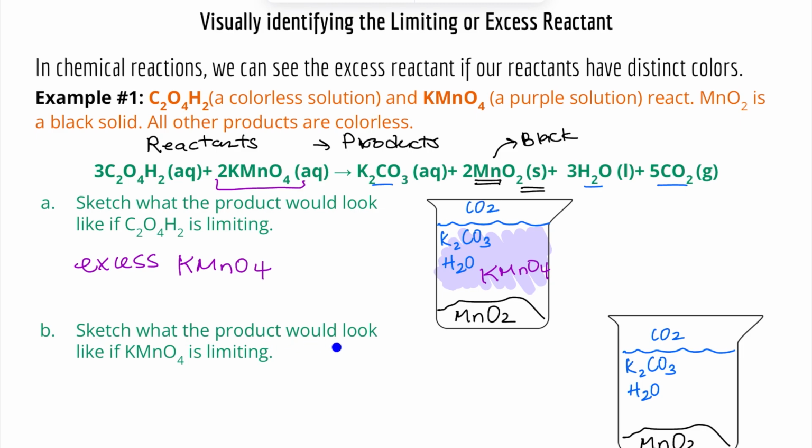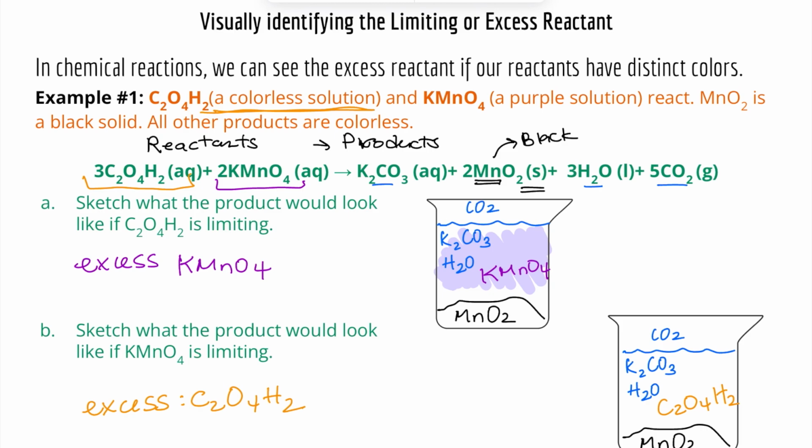If we sketch what the product would look like if our KMnO4 is limiting, we still have all the products, but if our KMnO4 is limiting, that means that our excess will be the other reactant, C2O4H2, and this said that is a colorless solution. So I'm going to put that in here as well.